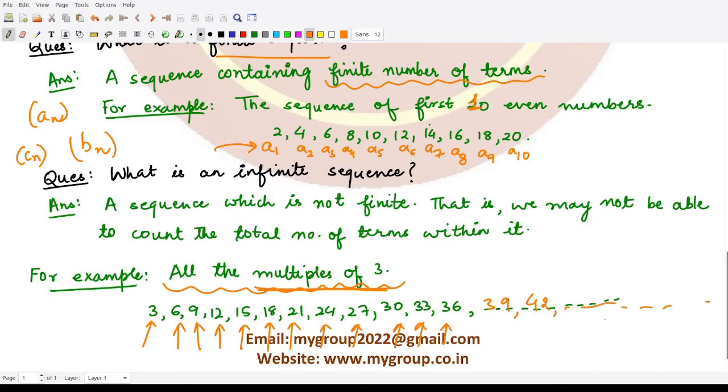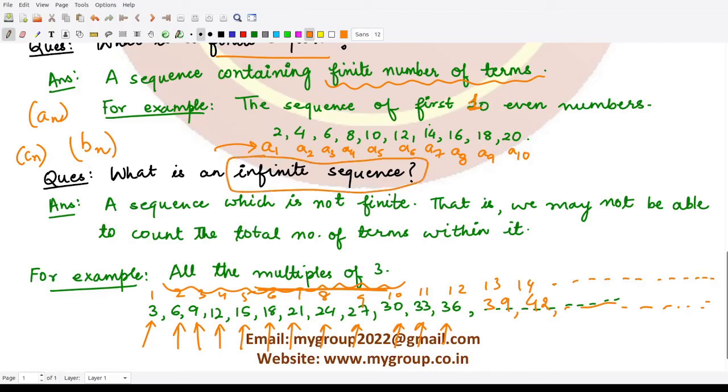We do not know where we will stop because we have infinitely many numbers. If you start counting 1, 2, 3, 4, 5 and keep on counting, you will never stop. That is why this sequence is an infinite sequence.